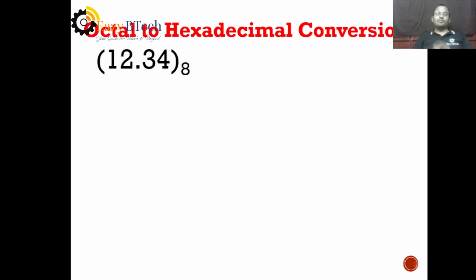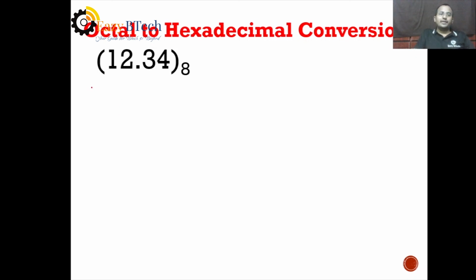Now this number is having both integer part as well as fractional part. Even if it is having the fractional part, it is not a problem. First we will write the binary equivalent, and then we will find the corresponding hexadecimal equivalent.